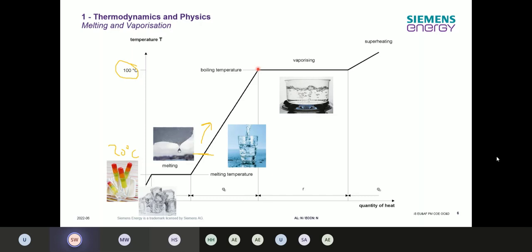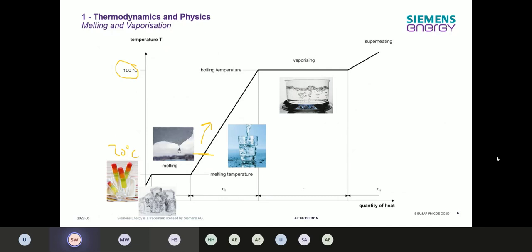So over here it's 100% water with 100 degrees Celsius. And then the vaporizing is starting, and we're getting more and more steam over here, where the steam temperature is also 100 degrees.